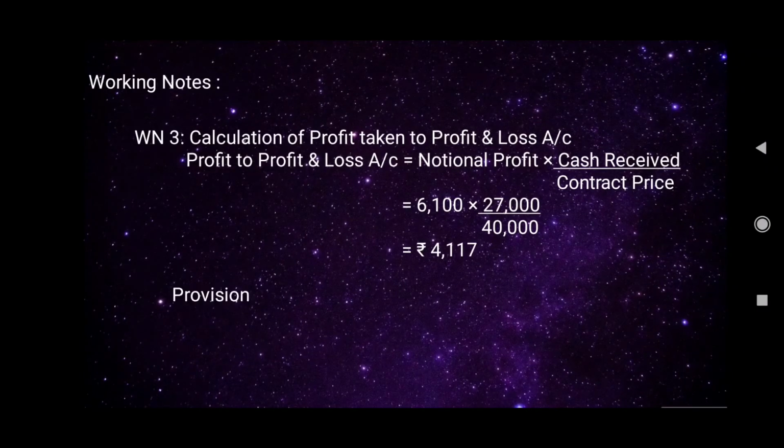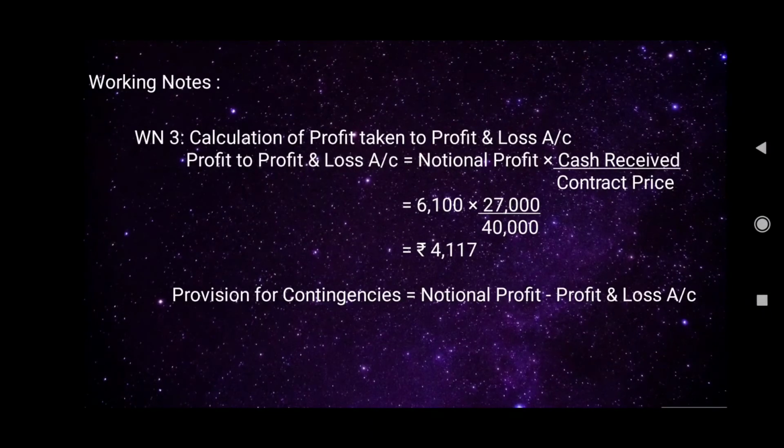4,117. So provision for contingencies is equal to notional profit minus profit and loss account, which is equal to notional profit is 6,100 minus profit and loss account amount, which is 4117, which is the balancing amount, which will be rupees 1983.